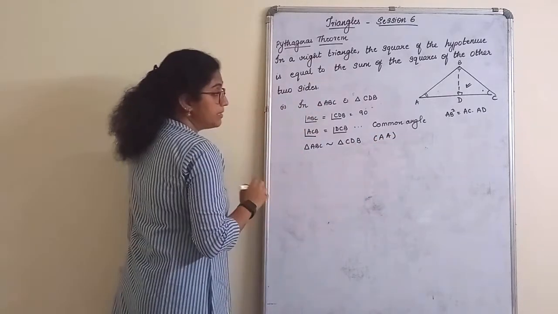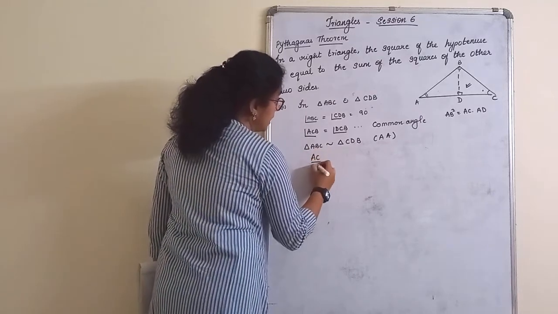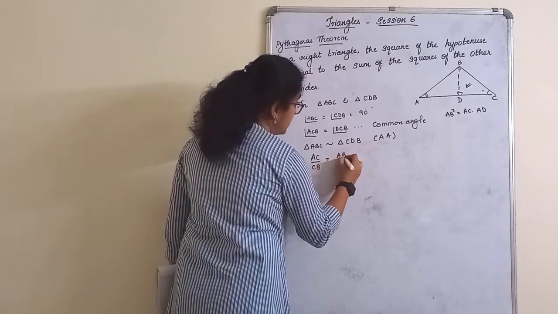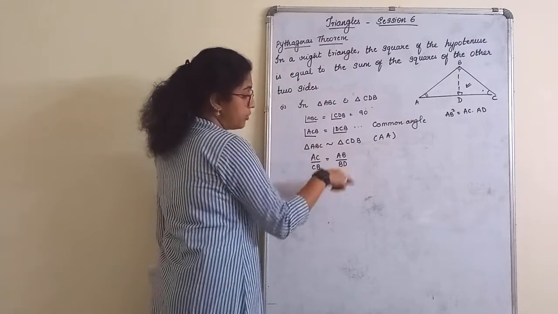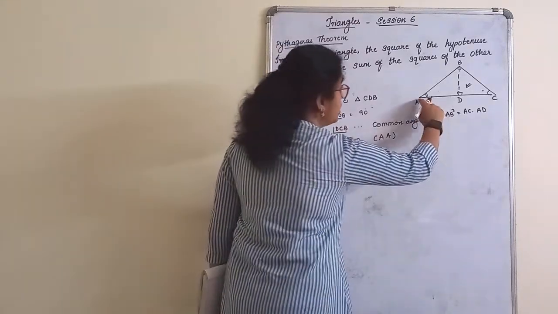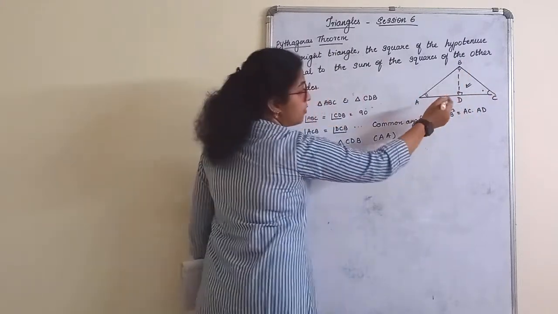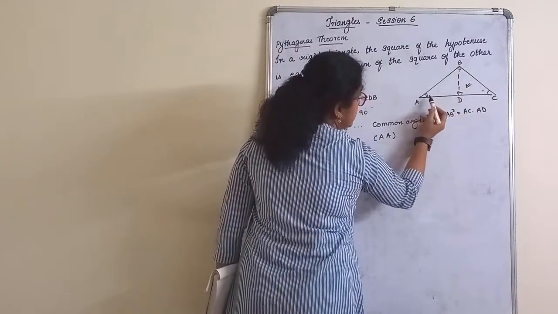So from double A criteria, what we will do now? AC upon CB is equal to AB upon BD. So again, we don't have anything common. I have to take the third side here. So in triangle ABC, now in whole triangle, we are done with angle B and we are also done with angle C. Angle A is not done.